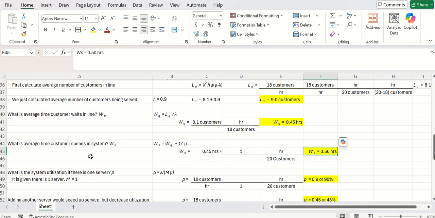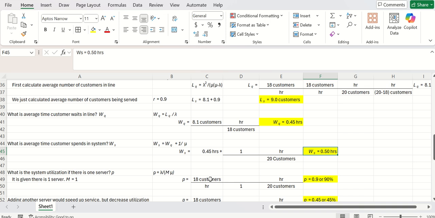Now, from the bakery owner's standpoint, one of the things that they're concerned with is, what is our utilization factor? So the utilization factor, and it's P that we end up using here, is lambda divided by the number of servers, in this case 1, times mu.